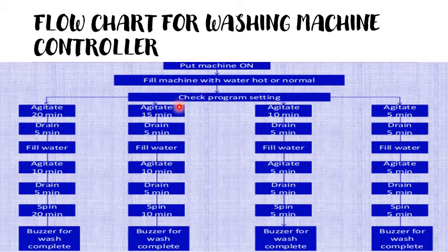Then agitate operation: the agitator rotates 10 revolutions in the clockwise direction, stops for 1 second, followed by 10 revolutions in the anti-clockwise direction. This process will run for the specified minutes as indicated by the parenthesis. It can be 20, 15, 10 or 5 minutes depending upon the mode we select.